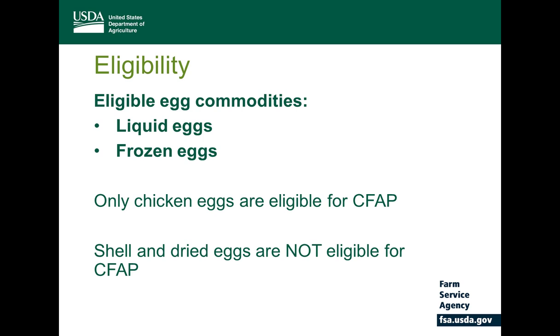Now, a lot of you might already know what their different uses are, but a lot of time liquids are for things like mayonnaise or in the carton or ice cream. Frozen eggs are usually used to be cooked at schools or other institutions. And then dried eggs are usually in packages, such as shelf cake mixes. And then shell eggs are your everyday, carton or case.